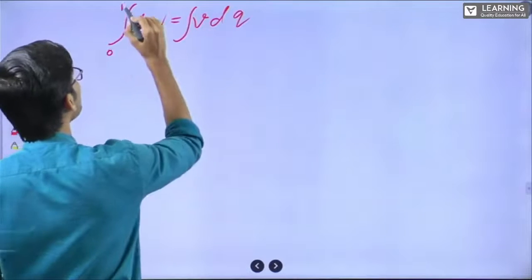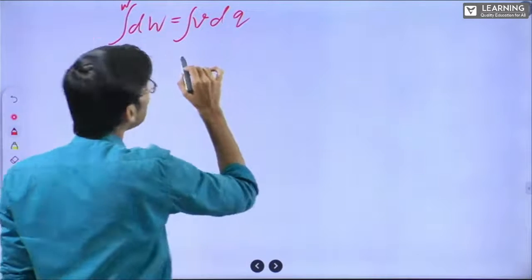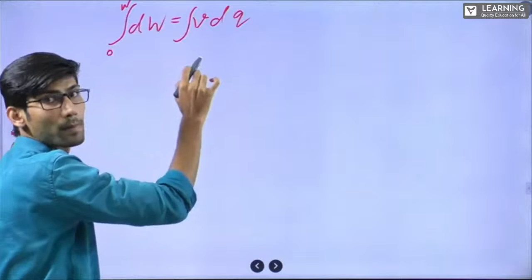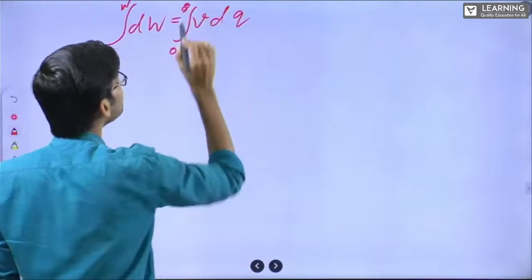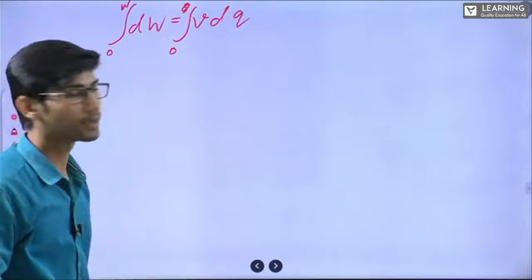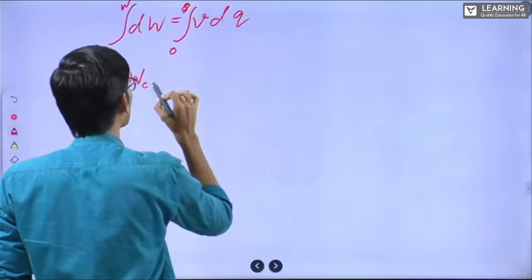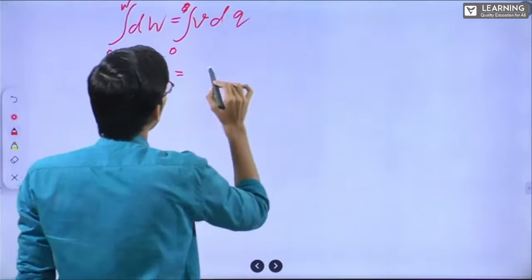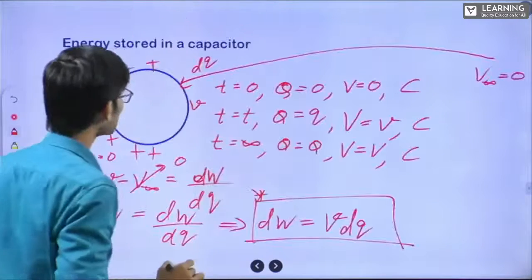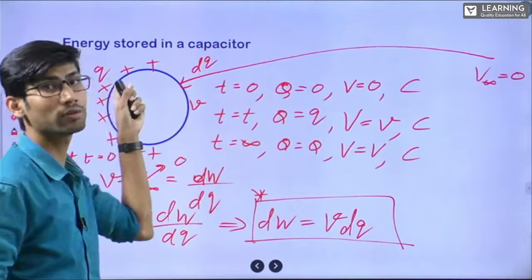From 0 to Q, until it gets fully charged, right? So this integration will be W external, that is equal to the integral of V dq. When charge q is there and radius is R, what will be the V?